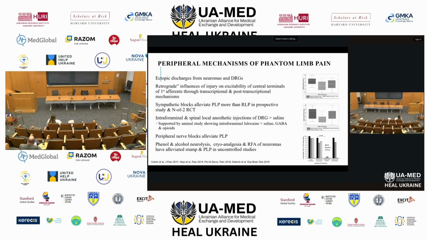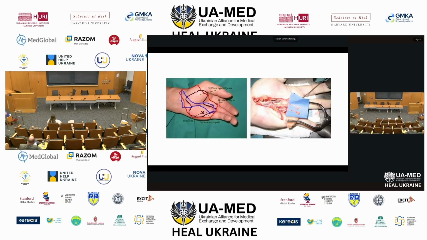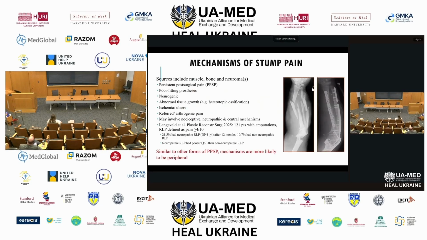And lots of different peripheral treatments, like radiofrequency ablation, alcohol neurolysis, and cryoanalgesia, can relieve not only residual limb but phantom limb pain. Here's an illustrative picture of somebody with phantom finger pain and a Tinel sign, and then it's resected, and at least in the short term, it's better.